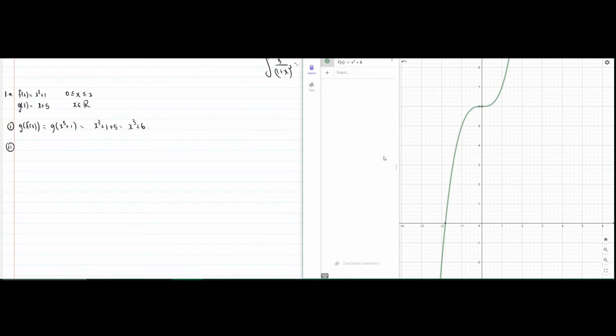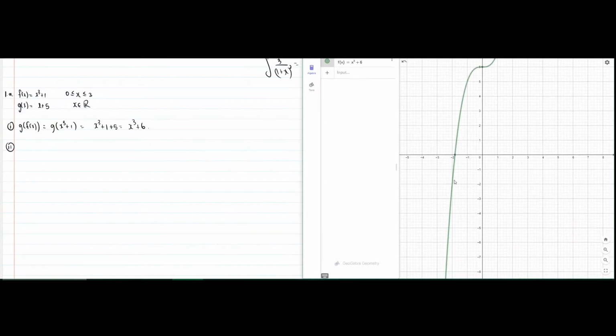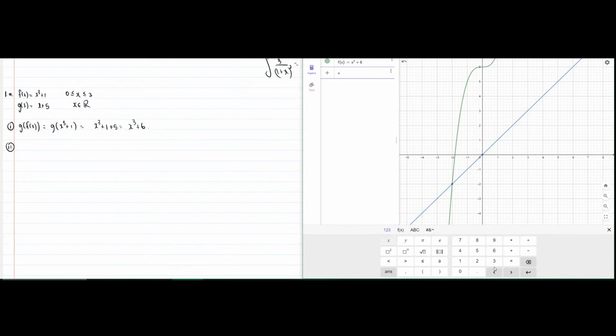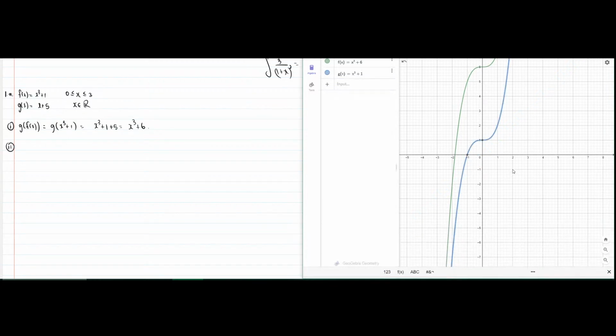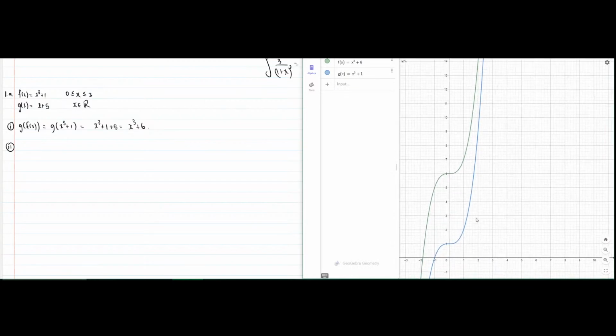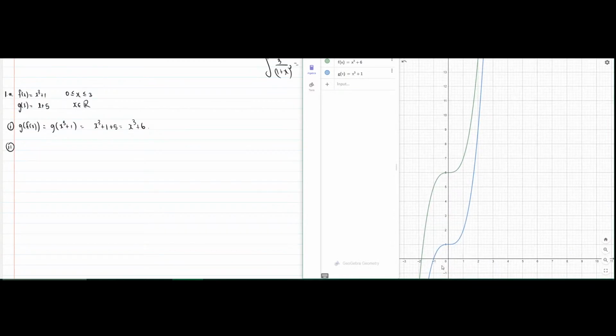Now remember, I'm going to draw x cubed plus 1 now. The blue graph has a domain between 0 and 3. So between 0 and 3, that is where this graph exists. This piece of the graph here, we're not considering it because of the domain given.